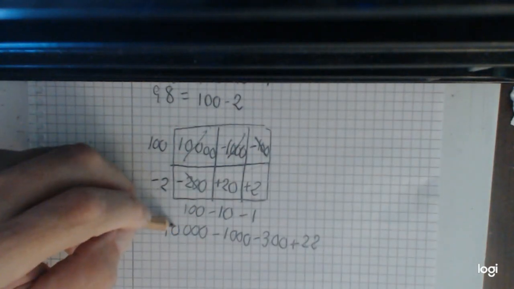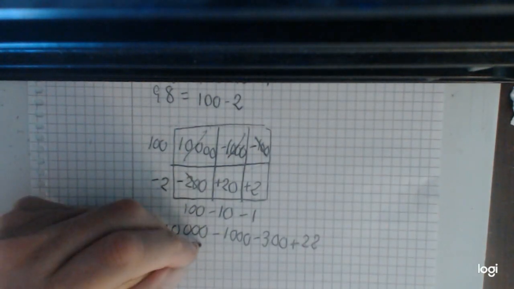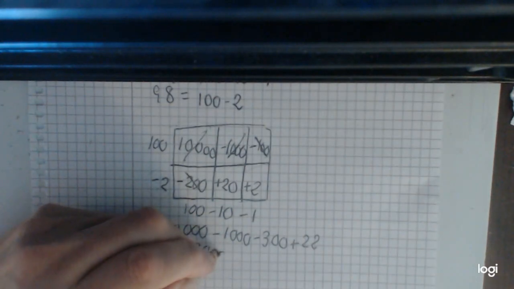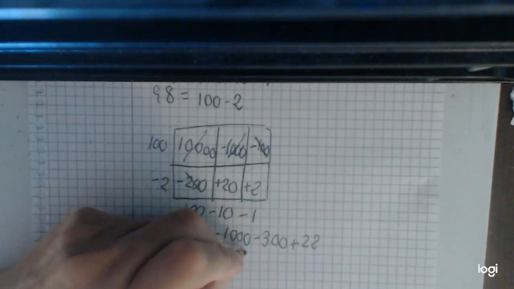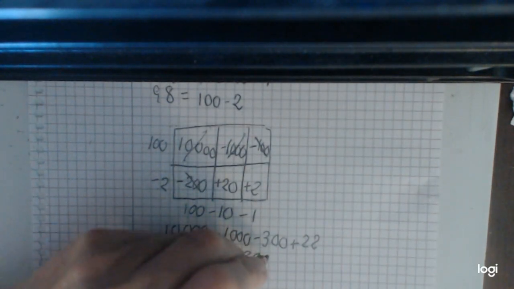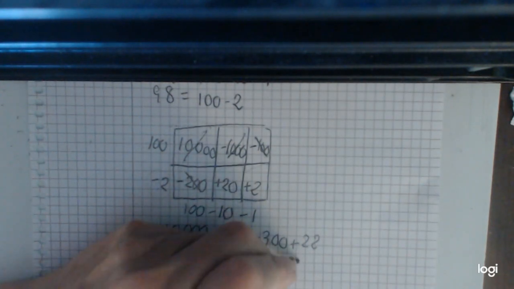And what you see here is that you have 9,000 minus 300 plus 22.